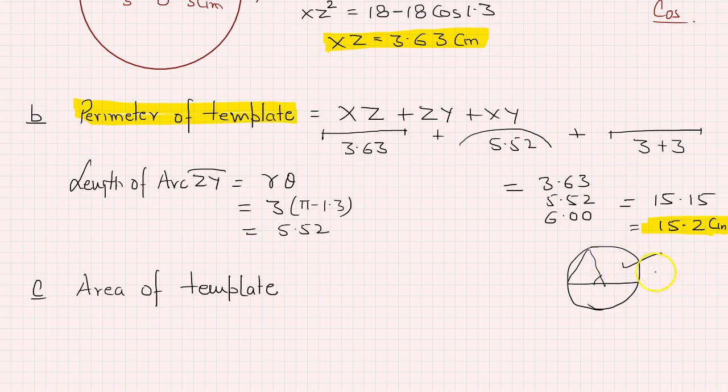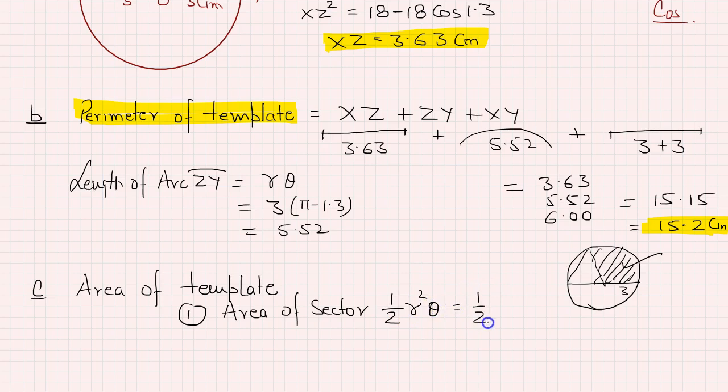This is the area of this sector. So number 1, area of sector. This is a sector, this is 3, so it is half r square theta.